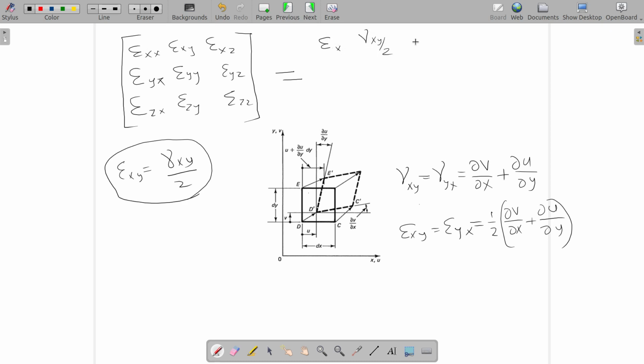So same thing. Okay. So you have this. So this is the shear strain.